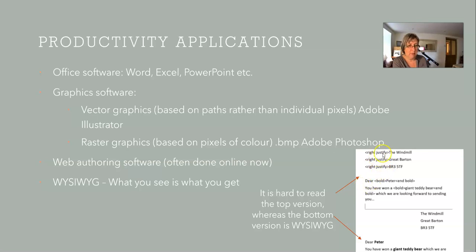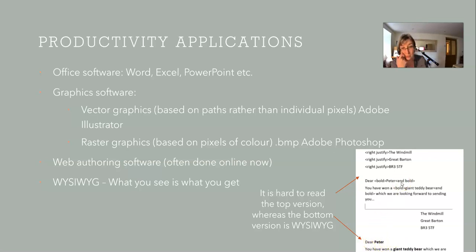So you can see here I'm saying it will write justify, it will write justify dear, bold, Peter, end bold, you have 1A, bold, giant teddy bear, end bold. So very difficult for me to see that instruction, to see that as I've written it. What you see is what you get. You can see here it is simply justifying on the right, and it is simply emboldening.